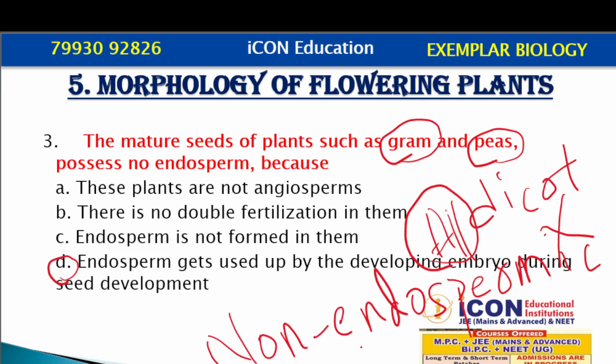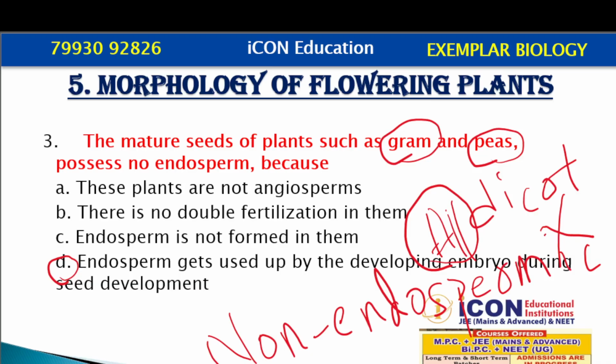When you talk about castor and coconut, these examples are given in the textbook, they are endospermic. So if the word majority or usually or generally is used instead of all, that dicot plants are non-endospermic, then the statement will be correct.